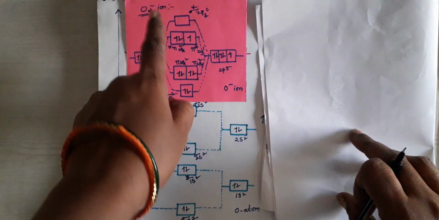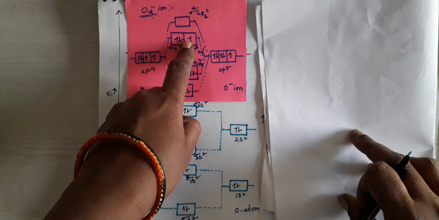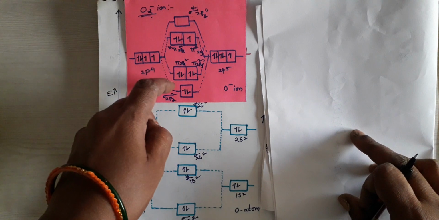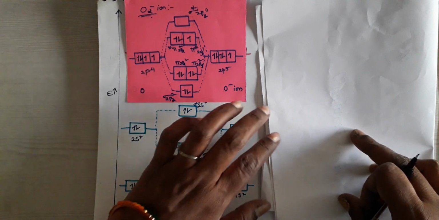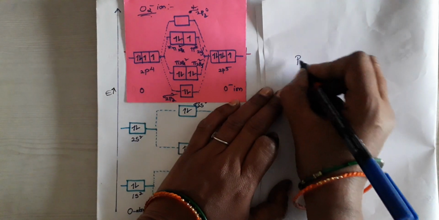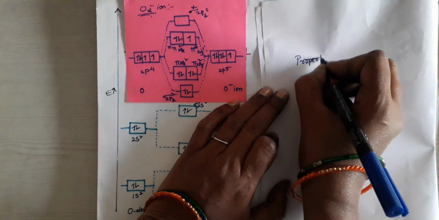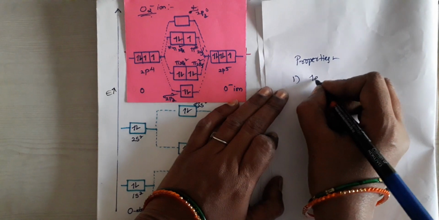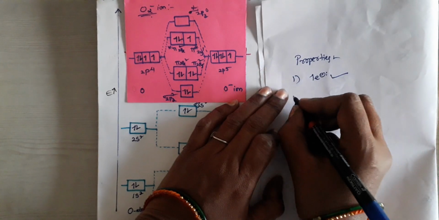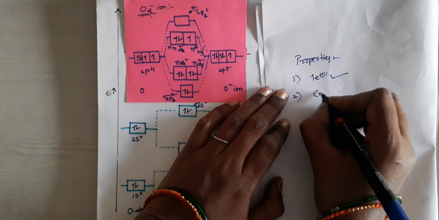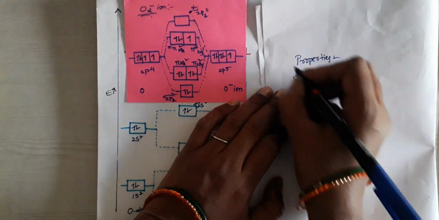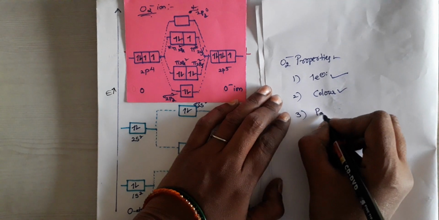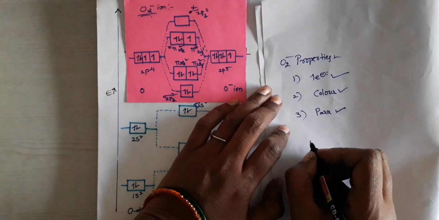Here for the O2 minus ion, single electrons are present in the molecular orbital diagram, either on the bonding side or on the anti-bonding side. According to that we have to write down the properties. So what is that? Single electron is present, due to that reason color is present, so O2 minus is a colored product. Next, it shows paramagnetic property, right?